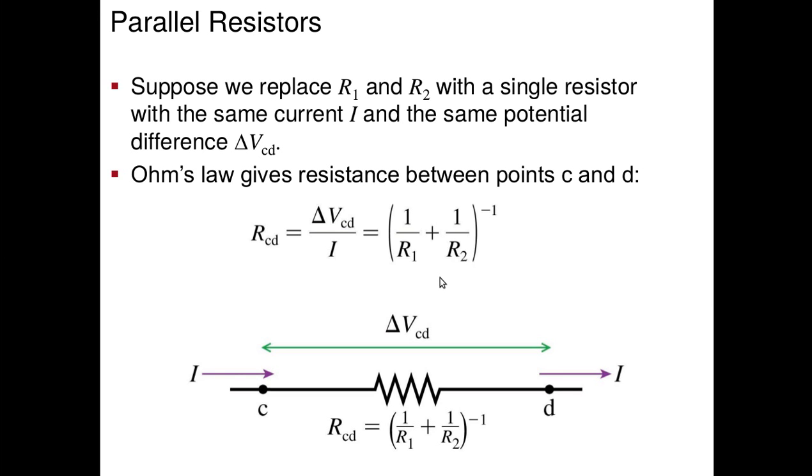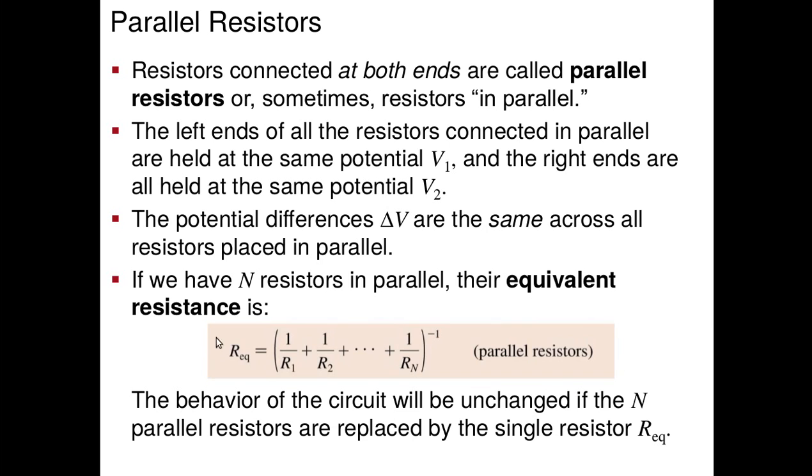So we've got the same rules for capacitors and resistors, they're just applied differently depending on how the resistors or capacitors are combined. So parallel resistors, we have this rule right here. Okay, and again, this is written as the sum of the inverses of the resistances to the -1.